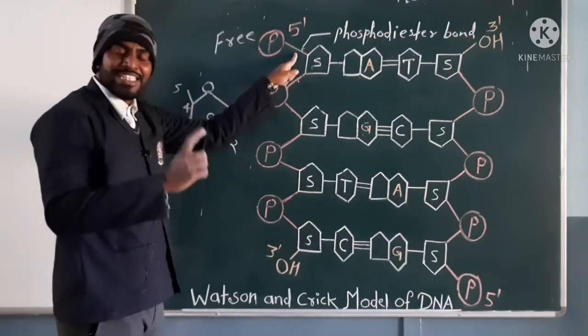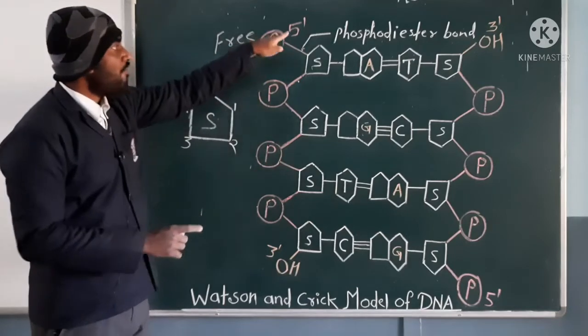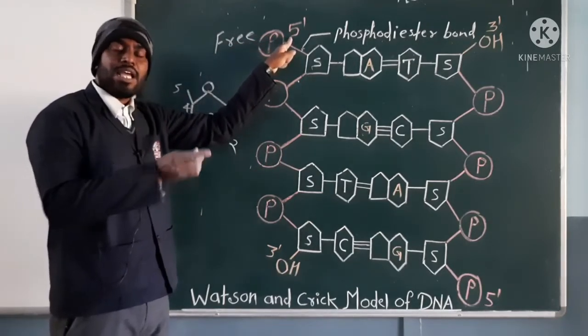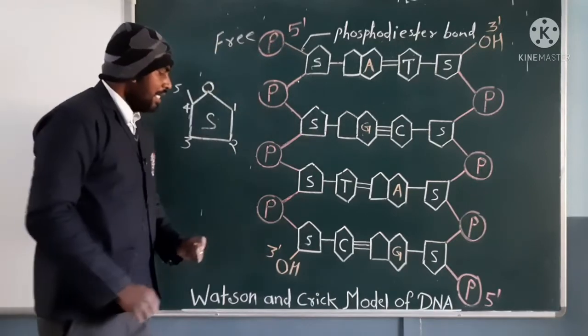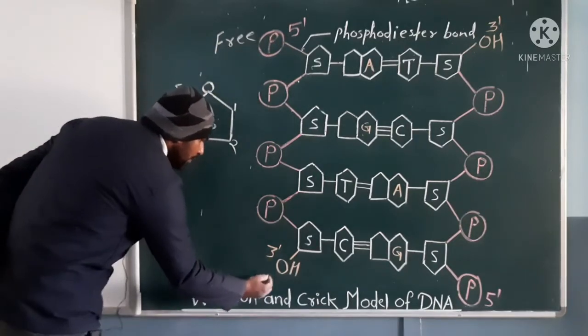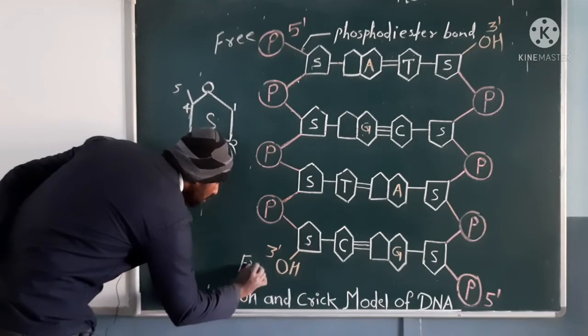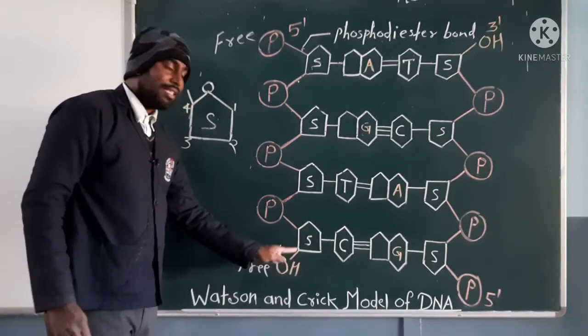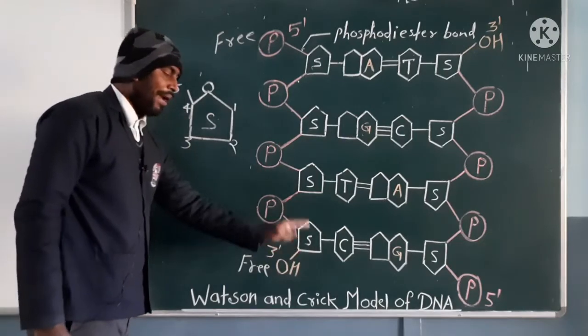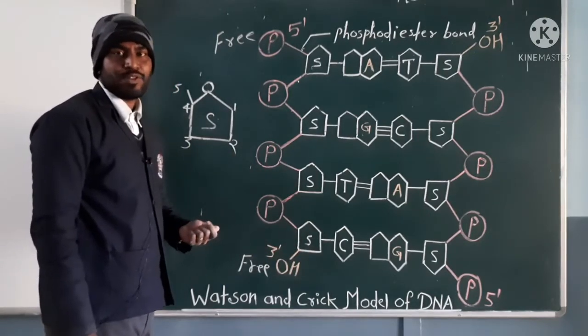That's why the DNA molecule shows a 5 prime end at one end. Are you getting it? At the other end of DNA, there is a free OH group, a hydroxyl group, attached to the 3rd carbon of the pentose sugar. This is the concept, bachon.